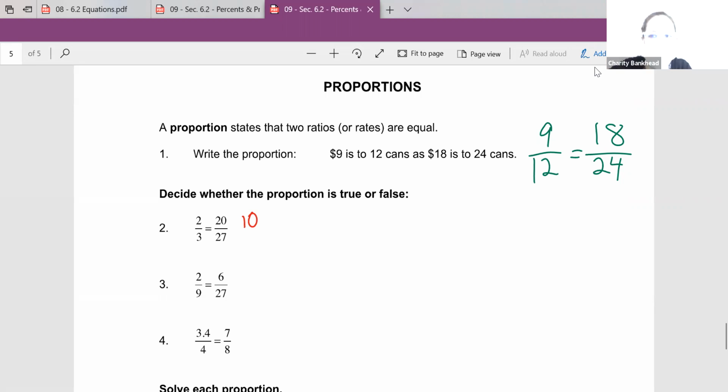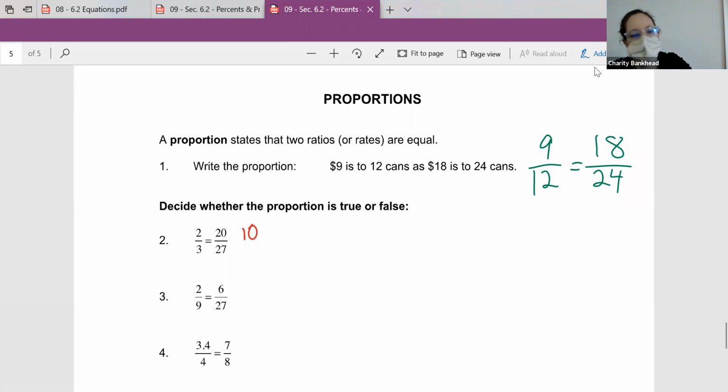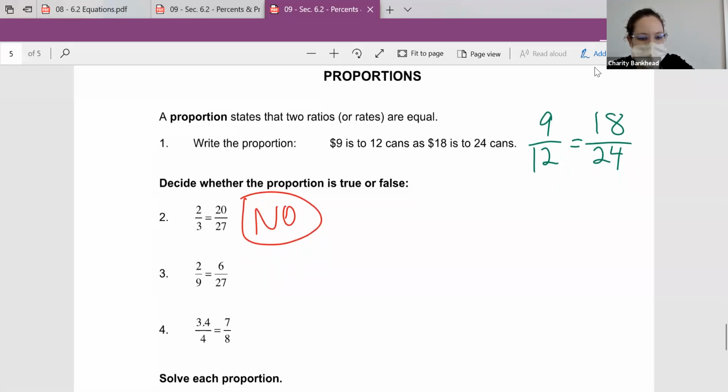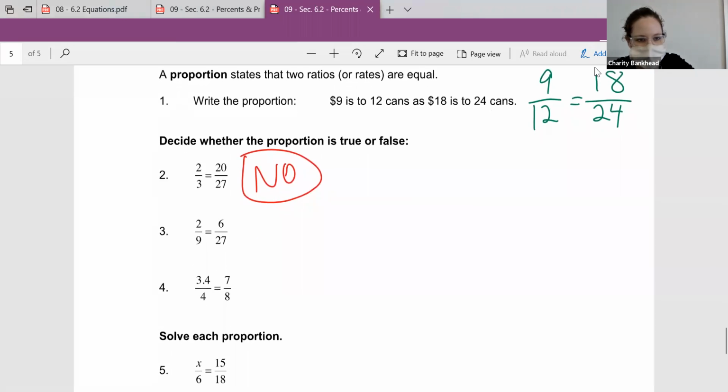No, you can't. So therefore, no, it's not. It's just obvious. If they're both reduced, then either they look exactly the same or they don't. There's actually an official way that you're supposed to do this by cross multiplying, but you don't need to do it for that. We'll do cross multiplying in a second when we solve it.